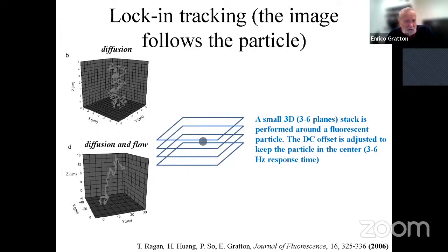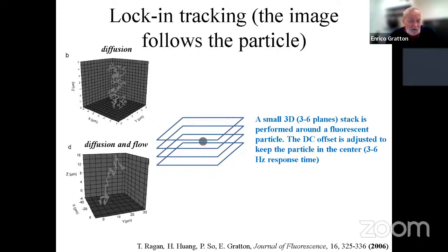The other possibility is to track the particle as it moves from one point to another, changing the z-axis, and then you can follow the particle. This is a paper we published with Peter So and Tim Regan in 2006. Of course, you need to know where the particle is going.